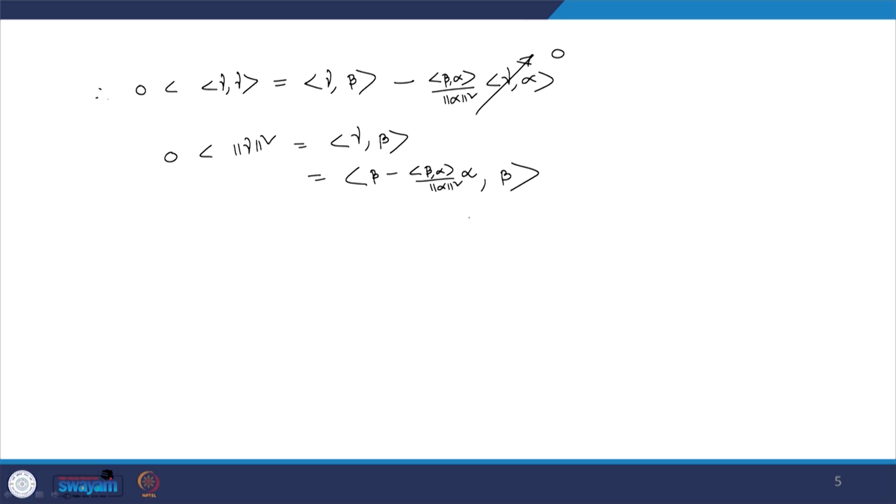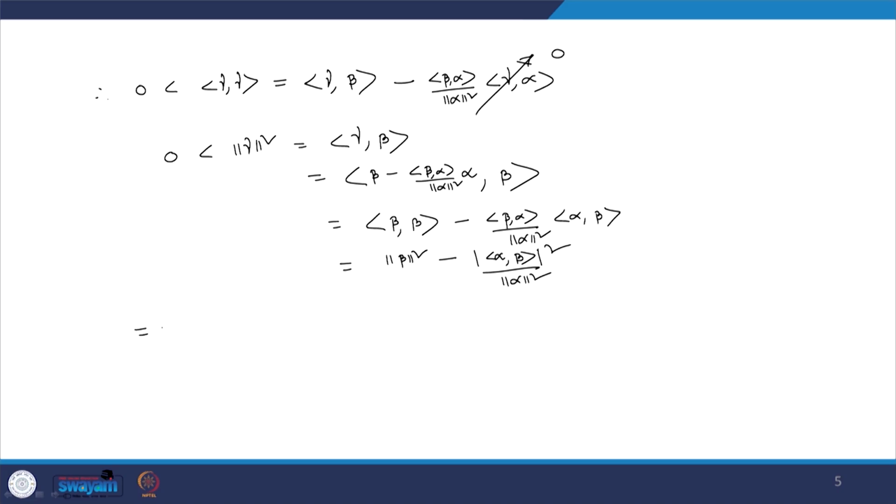So this is equal to the inner product of beta beta minus the inner product of beta alpha, taking it out, by of course norm of alpha square, times the inner product of alpha beta. So this is equal to norm of beta square minus the absolute value of the inner product of alpha and beta, whole square, divided by norm of alpha square.